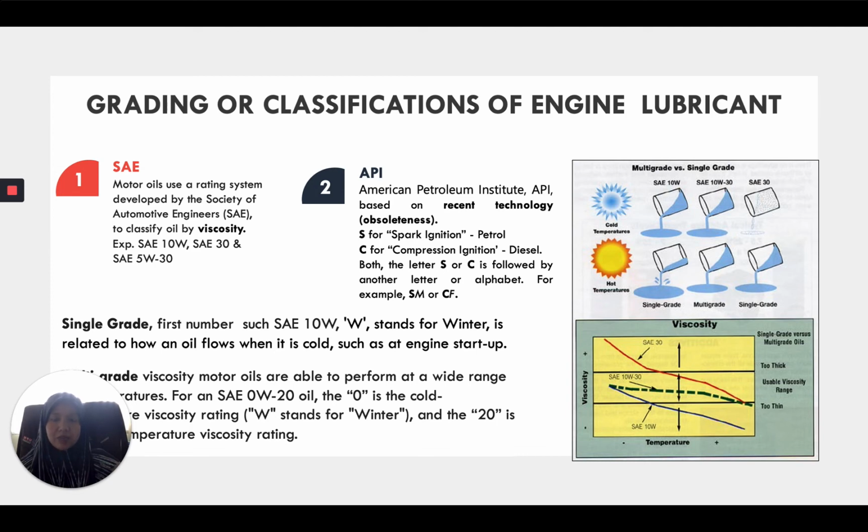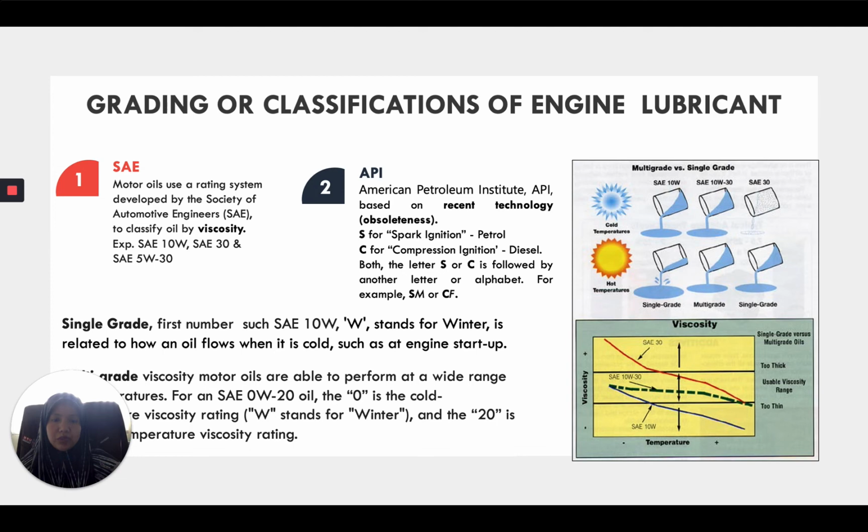For example, SAE 0W20 oil, the 0 is the cool temperature viscosity rating, where W stands for winter, and the 20 is the high temperature viscosity rating. So SAE 5W30 and SAE 0W30 will flow better at colder temperatures compared to SAE 10W30.